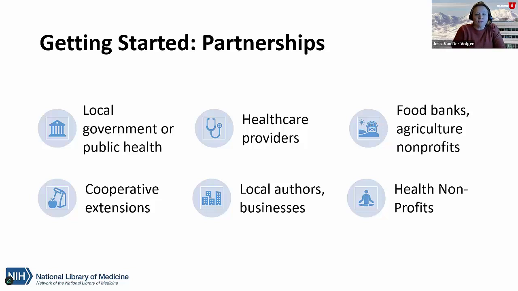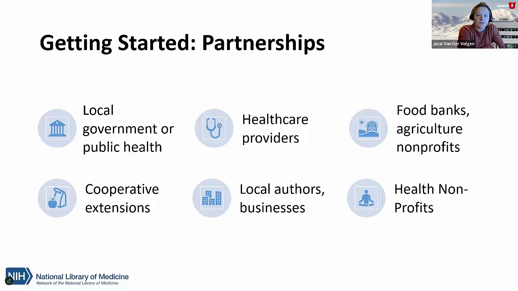A couple of ideas for partnerships to consider. Your local government or public health offices. I know some of you mentioned that at the beginning. The library of your community college or university. If that's where you are, then partnering with your local public library.